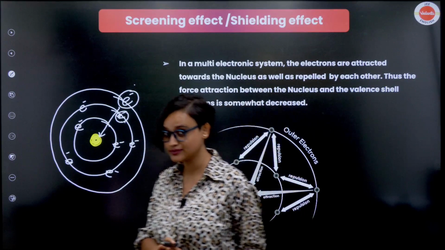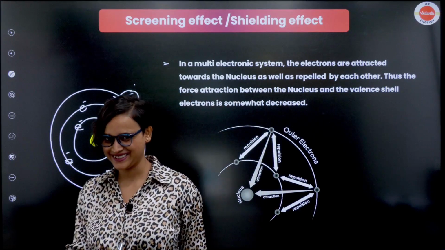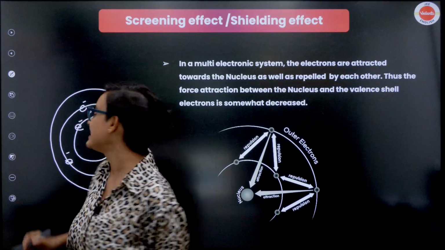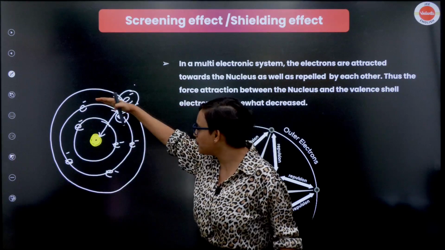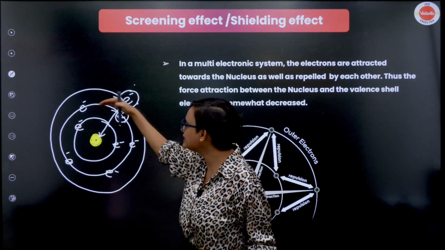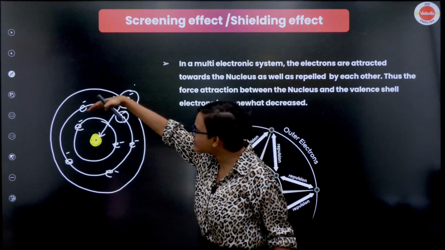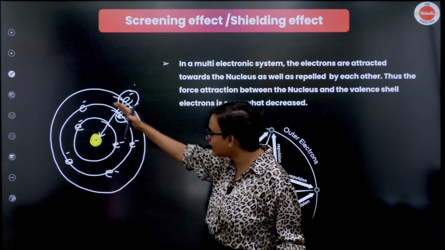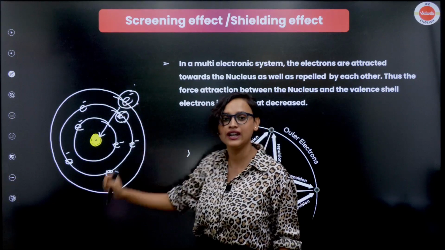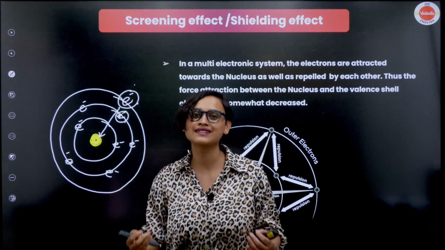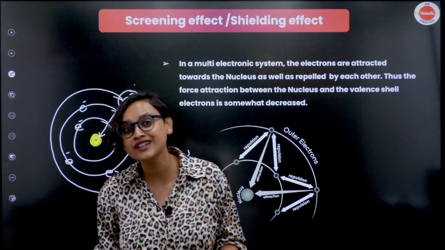Getting my point? And this fact, that the outermost electron is getting blocked by the inner orbital electrons, is called the screening or shielding effect.